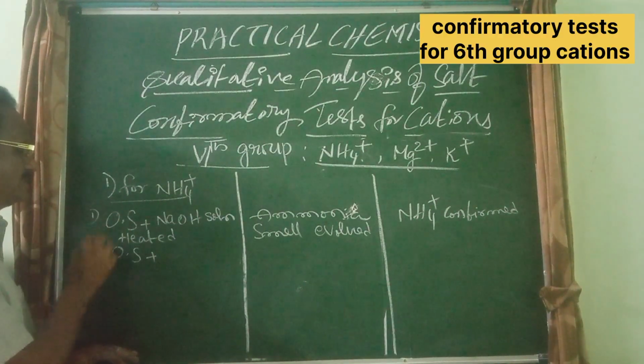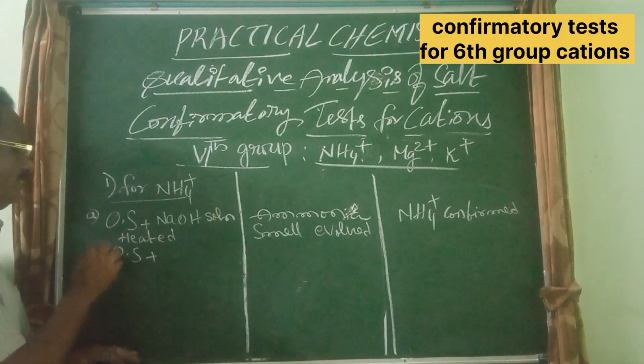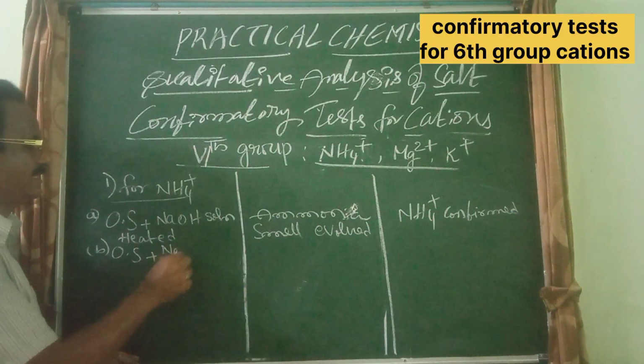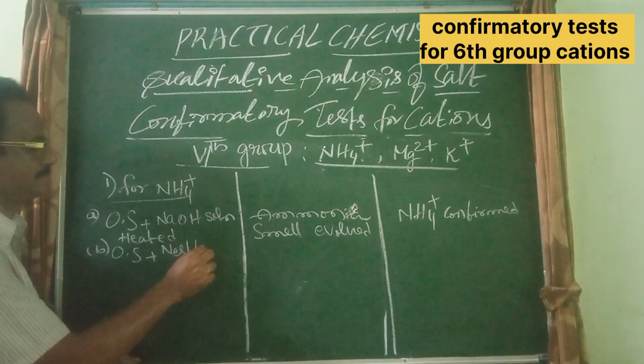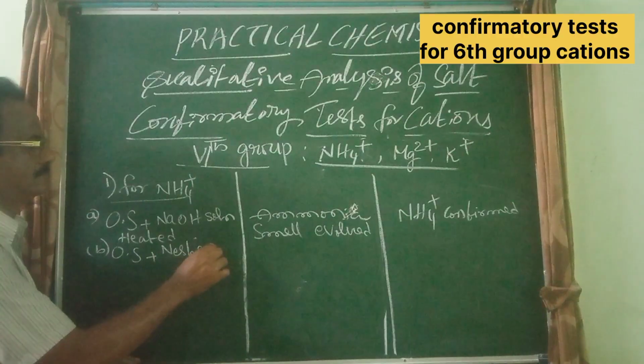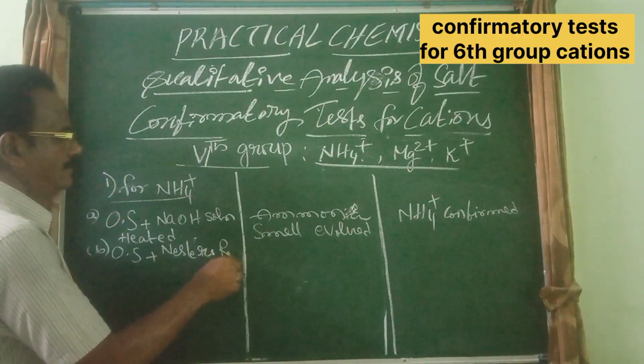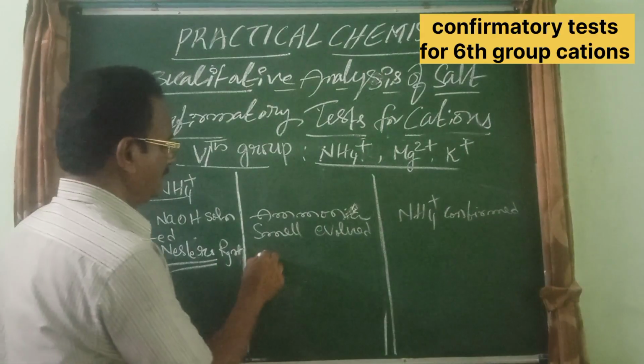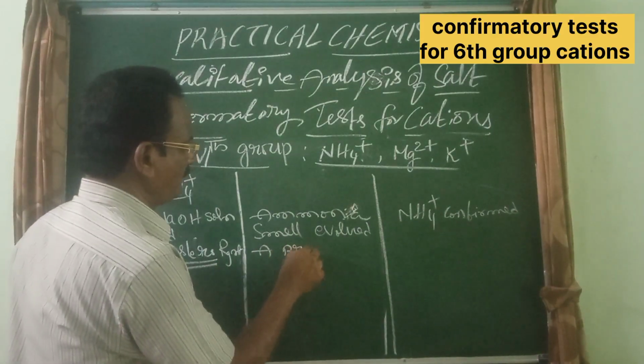Consider this as test 2. If the original solution is added with Nessler's reagent, a brown precipitate will be formed.